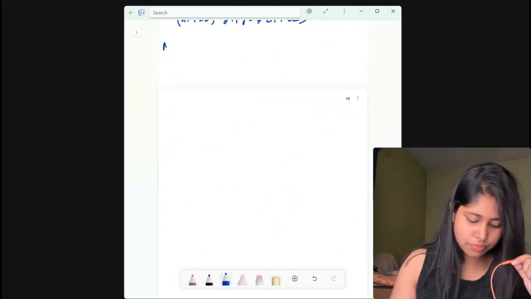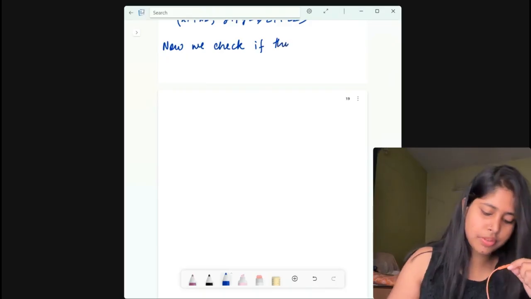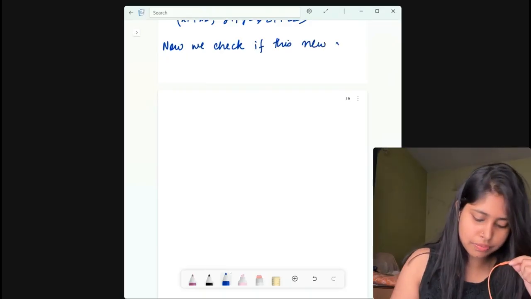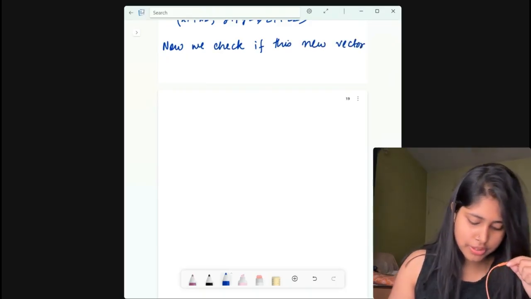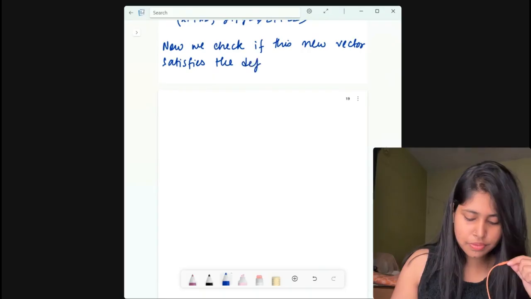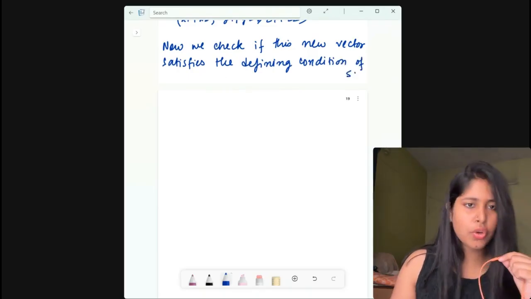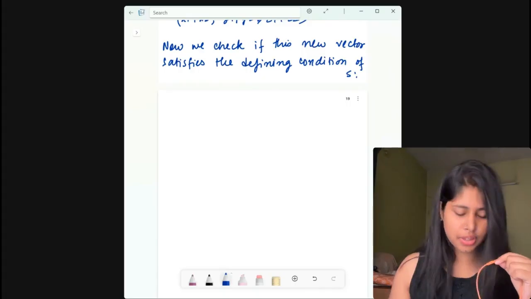Now we check if this new vector satisfies the defining condition of S. Let us see if it does.